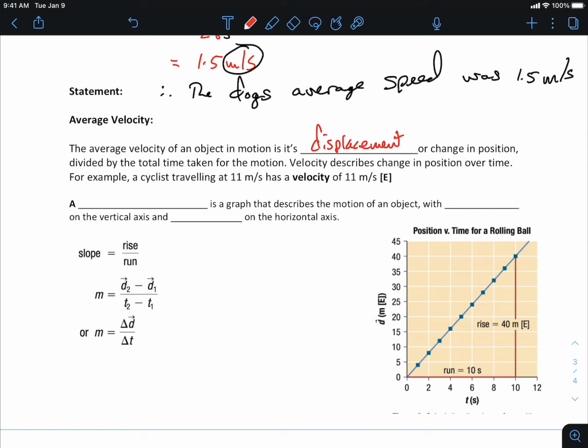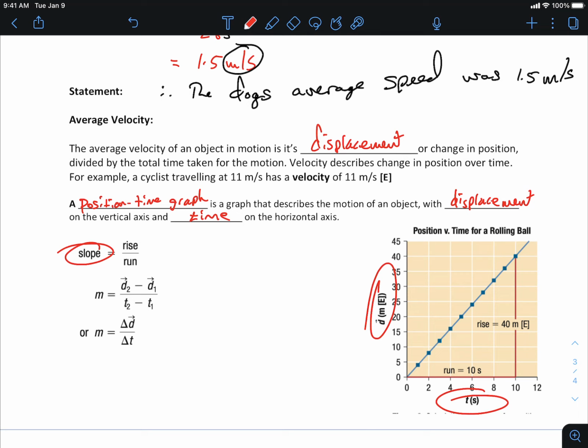And so a position time graph, I didn't leave much room here, is a graph that describes the motion of an object with displacement, because it has direction, and time on the horizontal axis. You'll see that down here, time and displacement.